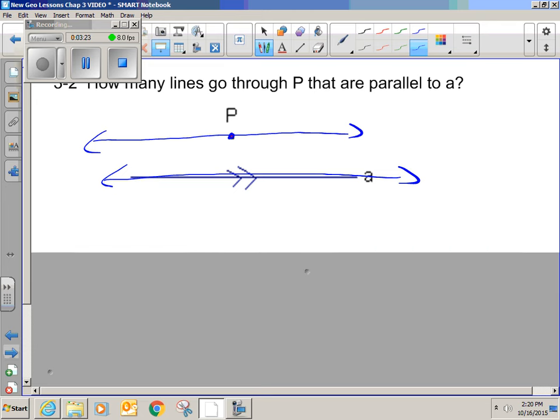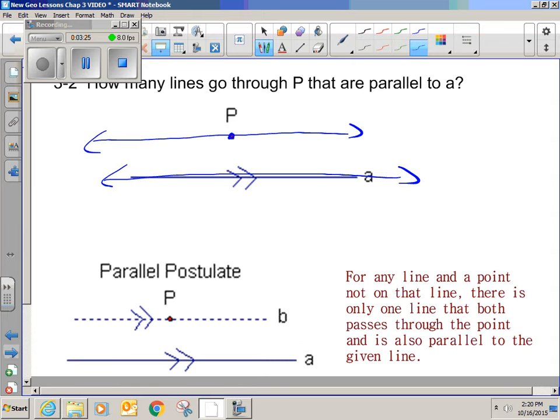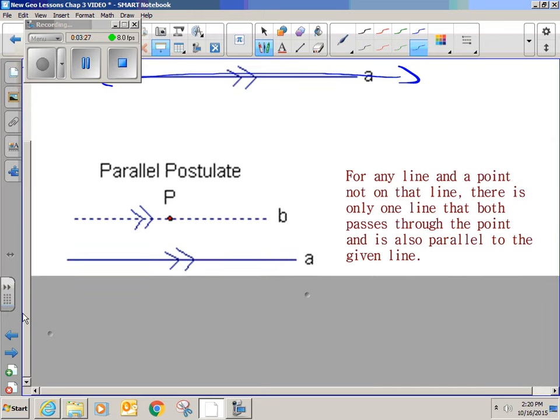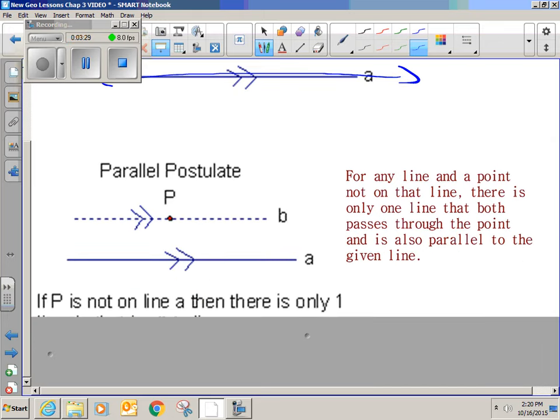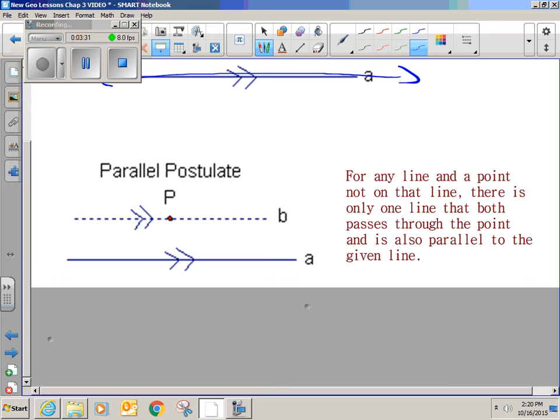Well, the parallel postulate says for any line and a point not on that line, there is only one line that both passes through the point and is also parallel to the given line. Okay, so this point P not on the line, there's only one other line that is both parallel to line A and passes through point P. That will be important later.